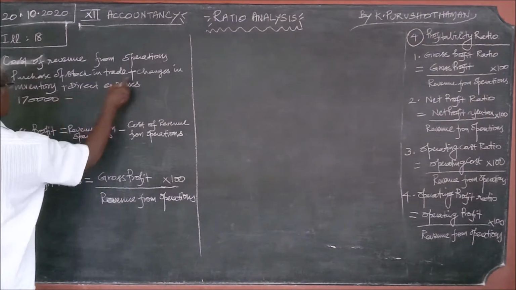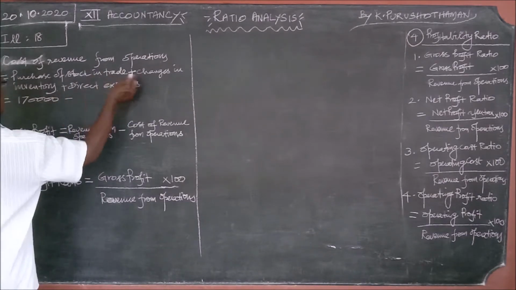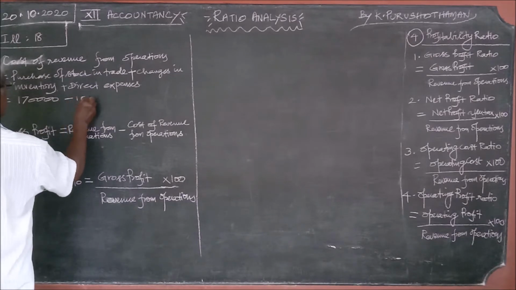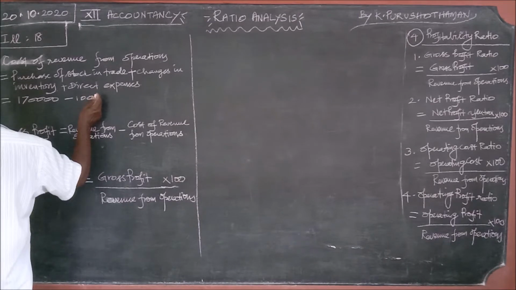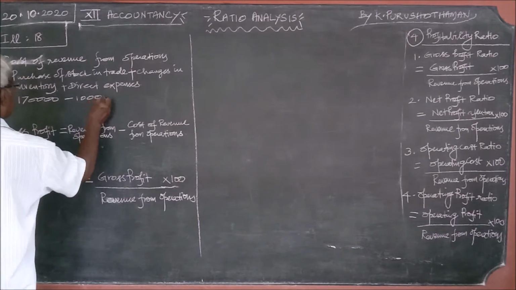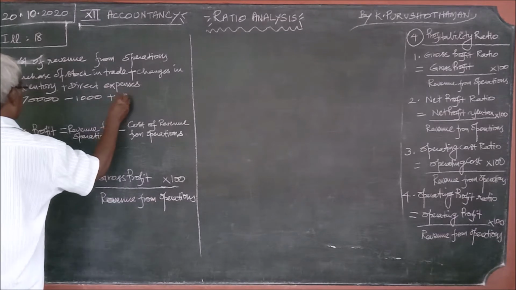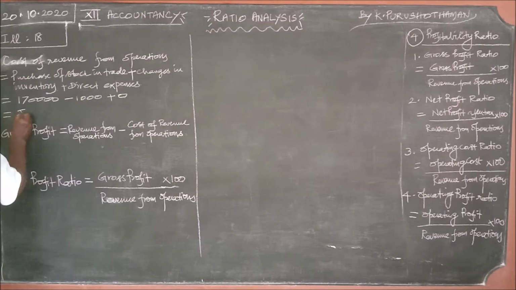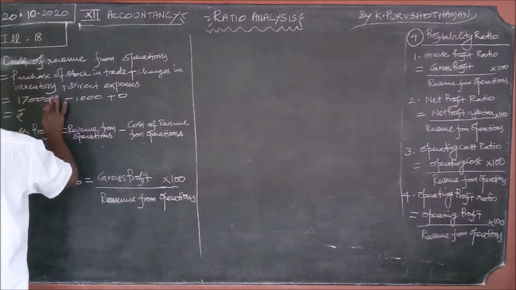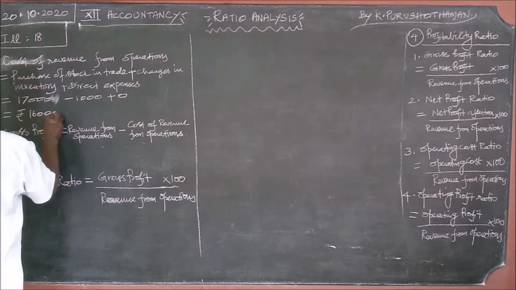If it is a plus, we should write a plus. If it is minus, we should put minus here. That is changes in inventories minus 1,000. Plus direct expenses, that is wages, it is 0, nothing is given. Therefore, 17,000 minus 1,000, it is 16,000.